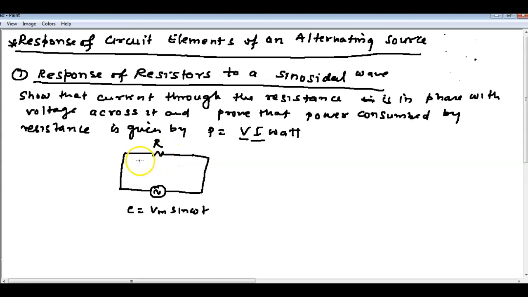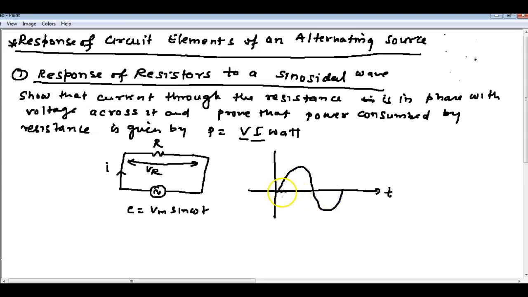Since it is connected in series, the voltage VR is across it, and I is the current passing through. The waveforms can be drawn like this, with time t; voltage and current both can be drawn, along with the phasor diagrams.